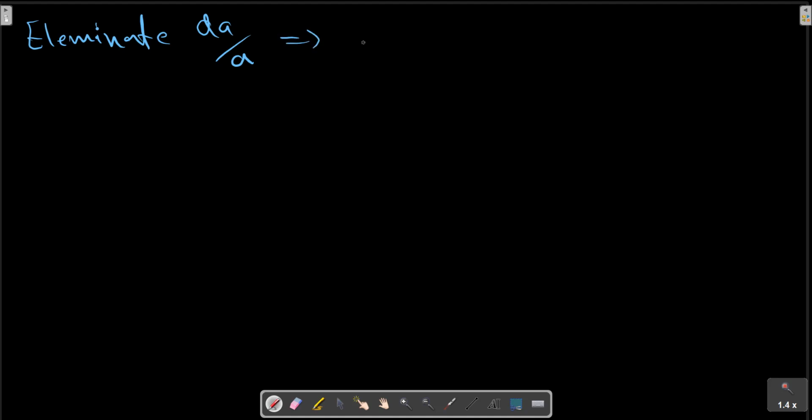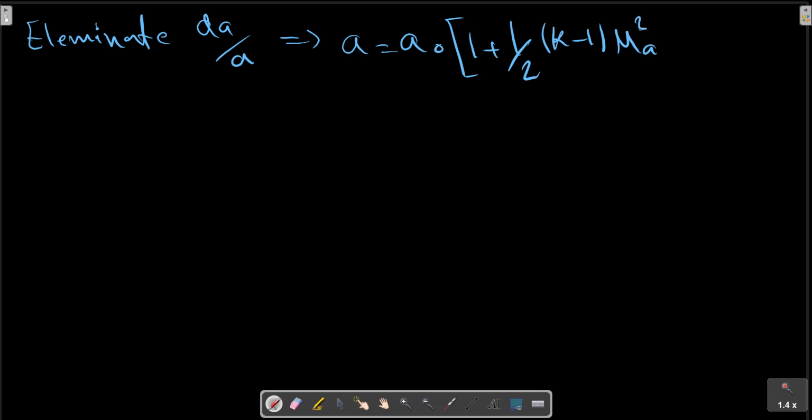We have this relation for the stagnation point sound speed, and finally dA on A can be obtained as this relation.